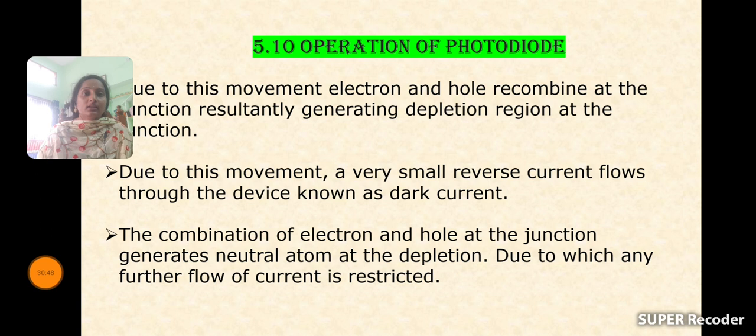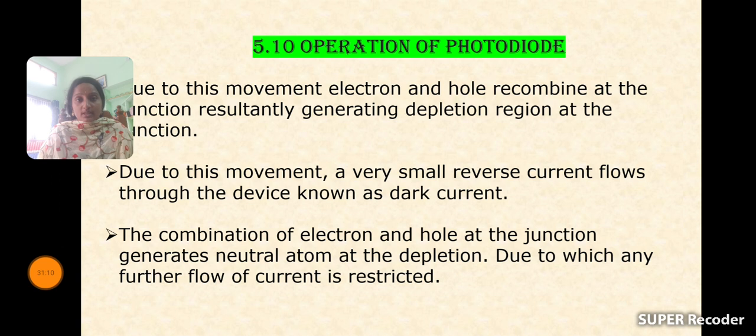So what happened here? Due to the movement of minority charge carriers, electrons and holes will recombine at the junction. As a result, the depletion region is generated at the junction.